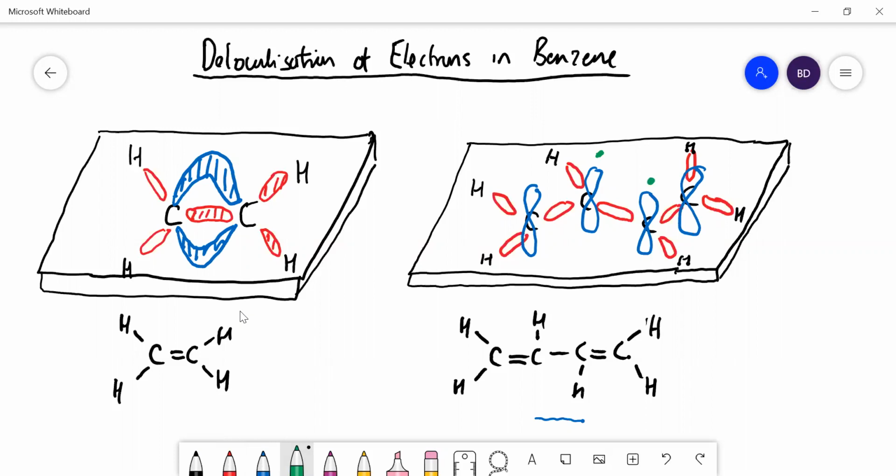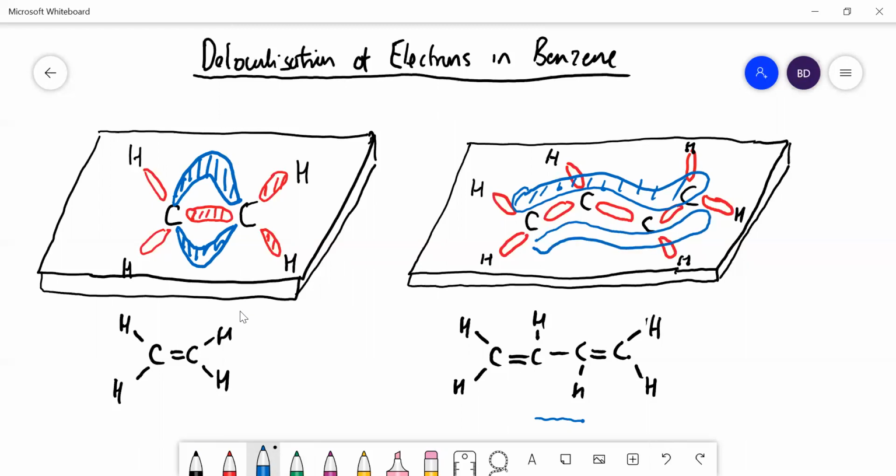So you don't form two discrete pi bonds, you form a big delocalized system, which I'll try and draw, which will look something like this. You'll have one thing above the plane of the molecule there, and you'll have another one below the plane of the molecule there. And that is a slightly more stable arrangement than if there were two separate double bonds, because the electrons can spread out more, and that's called delocalization.